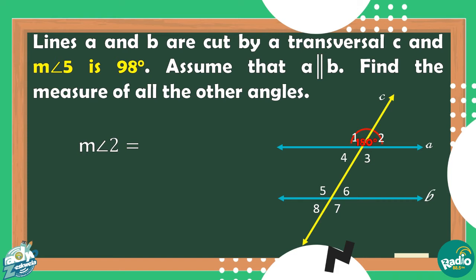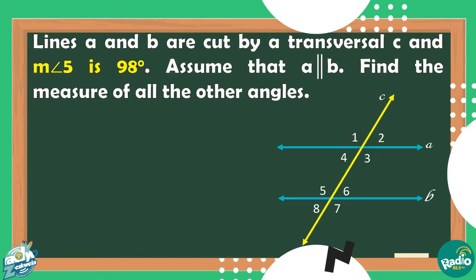Since the measure of angle 1 is 98 degrees, to make it 180 degrees, the measure of angle 2 is, great, 82 degrees. Remember, 98 degrees plus 82 degrees makes 180 degrees.